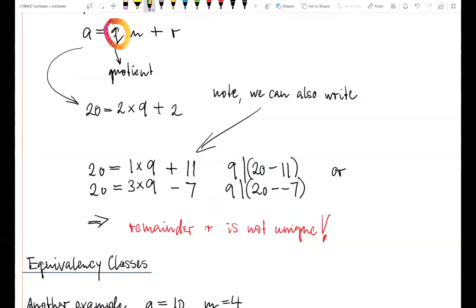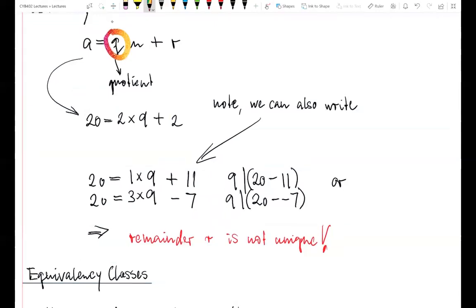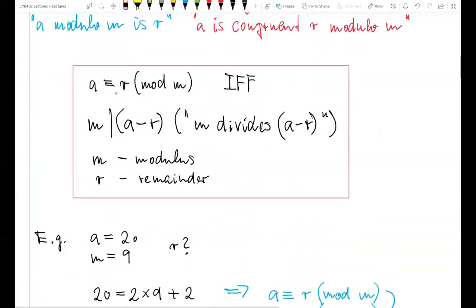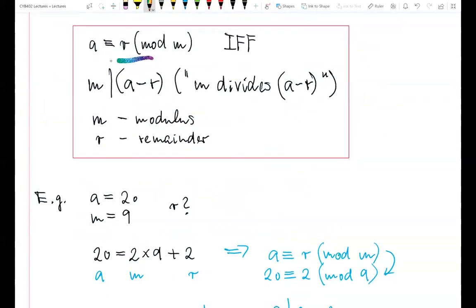This is one of the biggest conclusions that comes directly out of the way we define congruence. So A is congruent to any R where this relationship is fulfilled, okay?